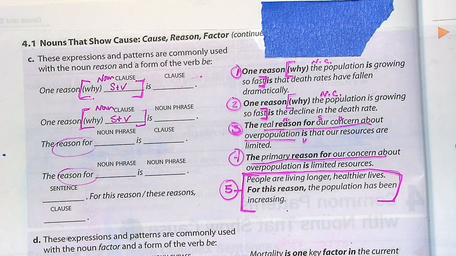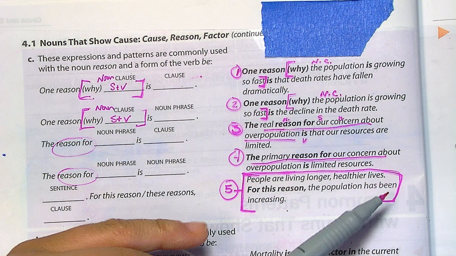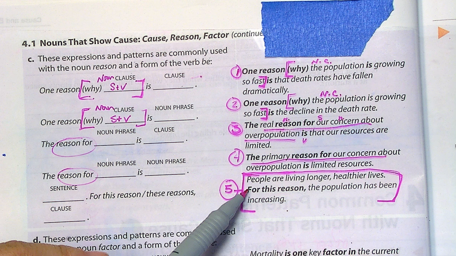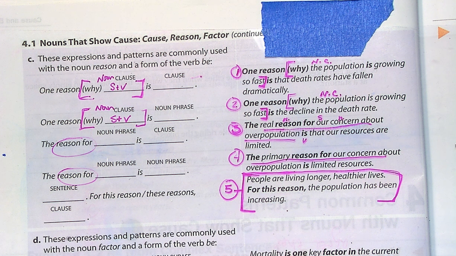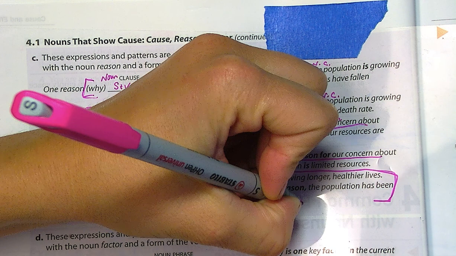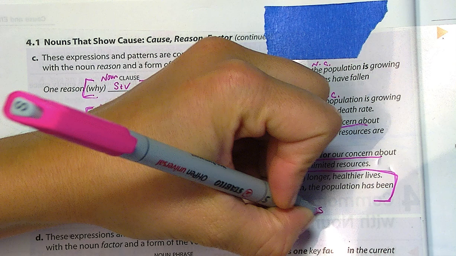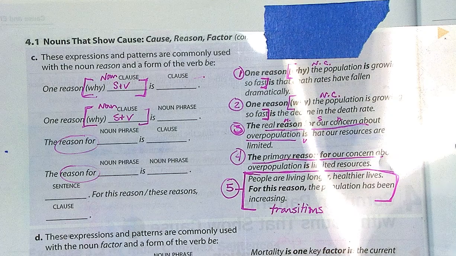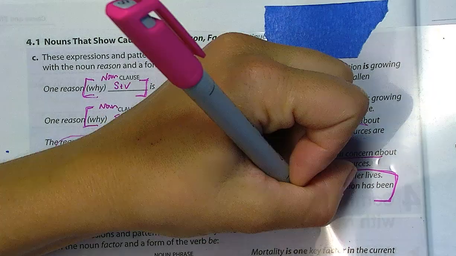It should. You'll notice that there's a period before it, a capital letter, and a comma after it. What kind of grammar is this? This is a transition phrase. We know that transitions start sentences, and they must have a comma after it.